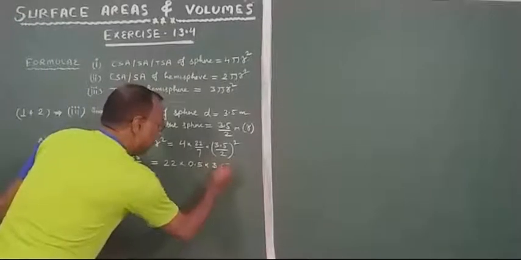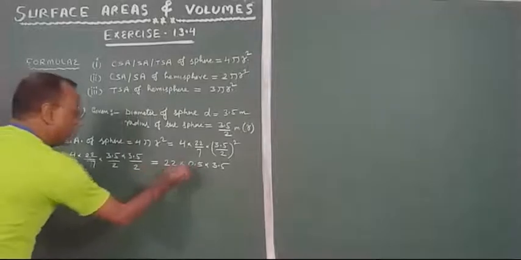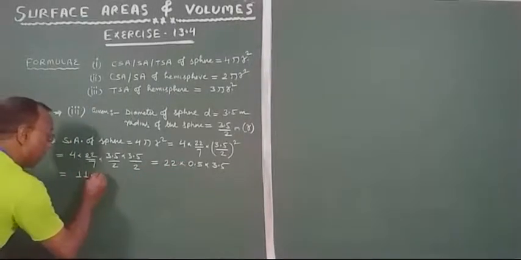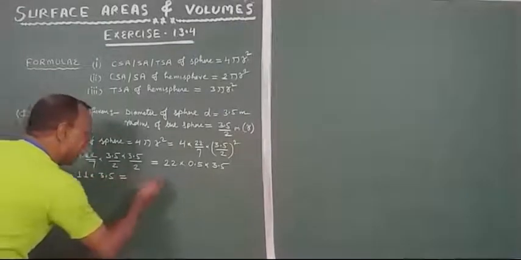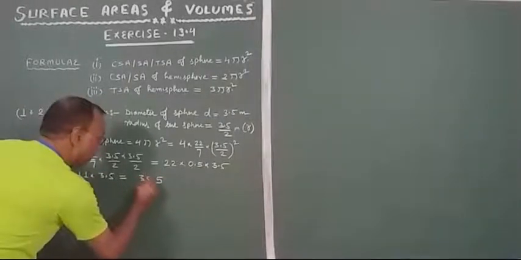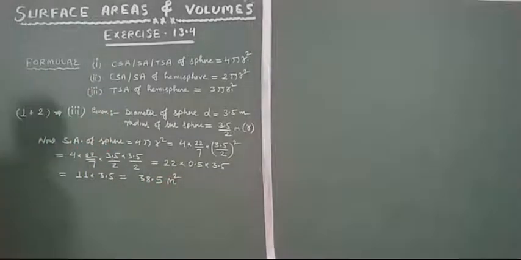Now this 22 into 0.5 will become 11 into 3.5. Just multiply them, and you get 38.5 meter square. So the surface area of the sphere is 38.5 meter square.